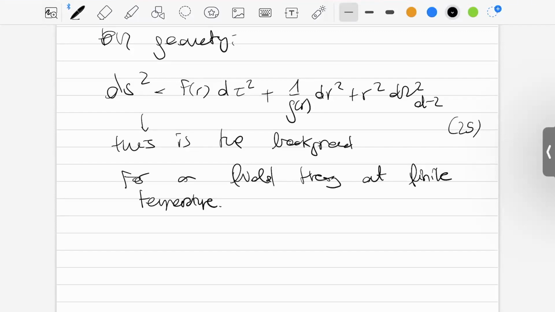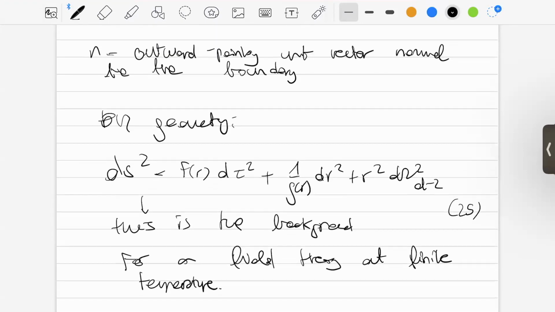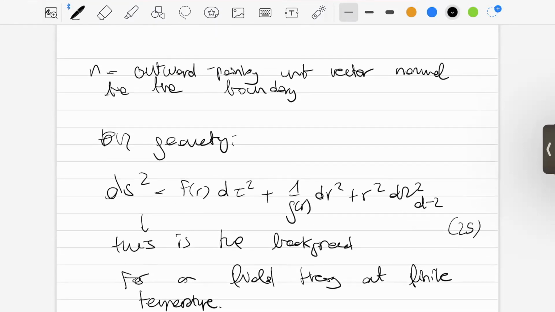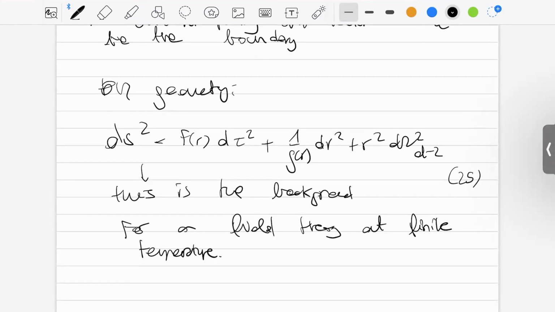Before the break, we were saying that we have this curved spacetime, which is the black hole spacetime. Then there, I assume that there is some quantum field theory at finite temperature.